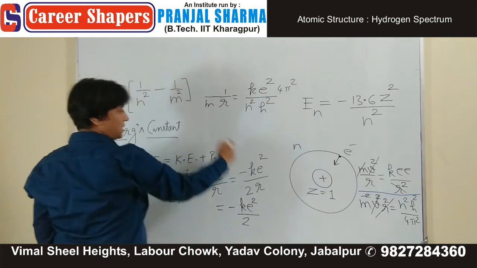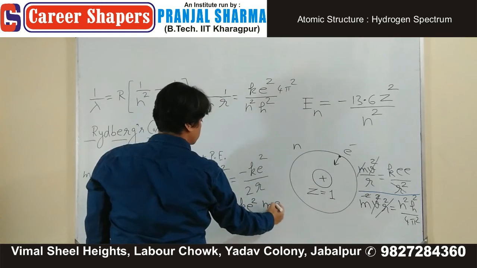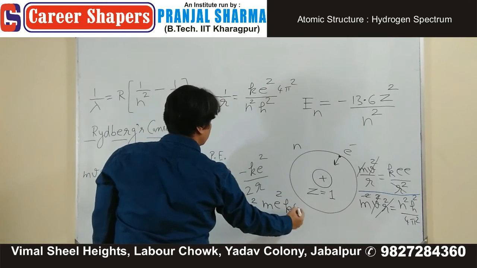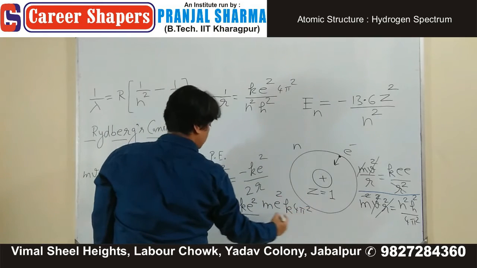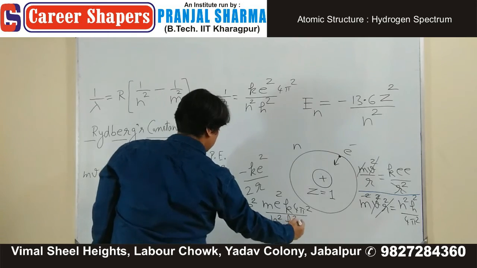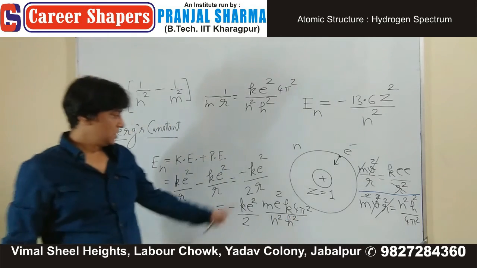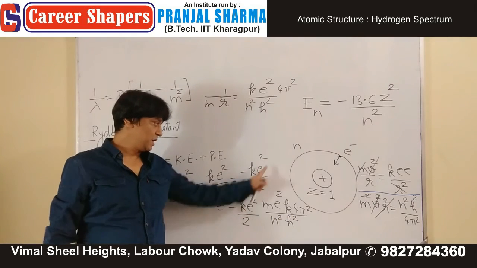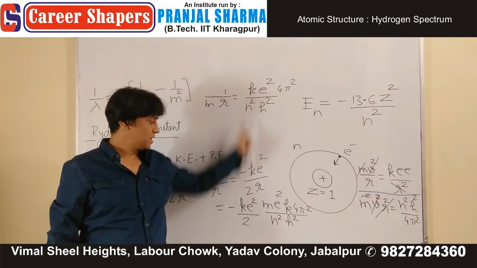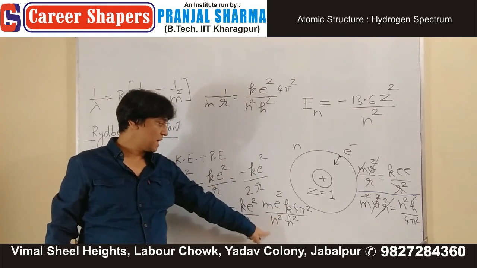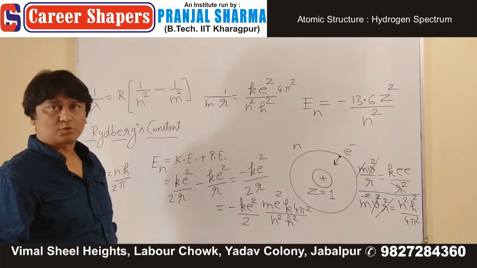1 upon r is coming: m times e² k, 4π² upon n²h². Minus, k²/2 is already present. So 1 upon r is m times k² into 4π²/(n²h²).